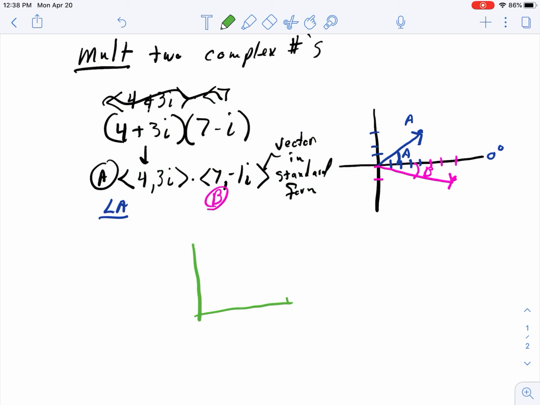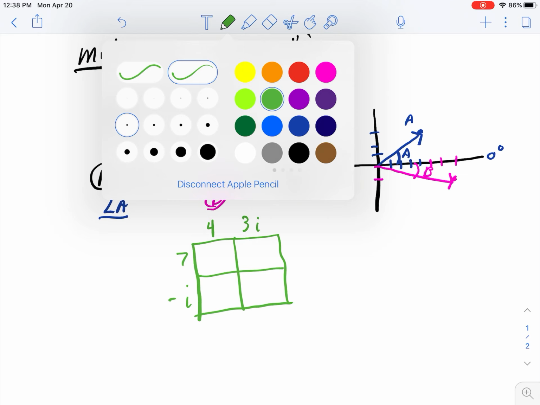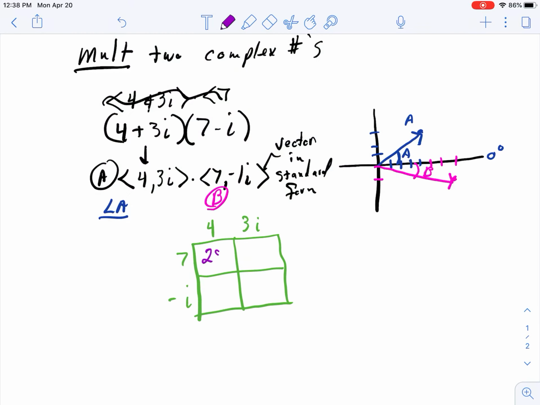So when I ask you to multiply these out, I mentioned to create a box to try to keep it organized, and you have 4 and 3i and 7 minus i. Here this would be 28, 21i, negative 4i, and minus 3i squared, but i squared equals negative 1. So this is actually plus 3.